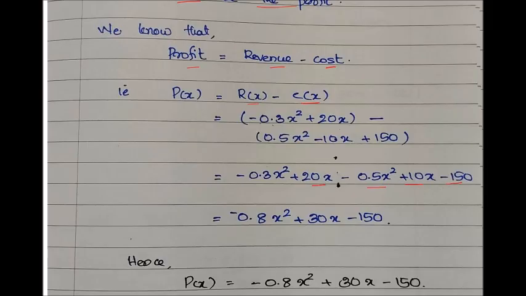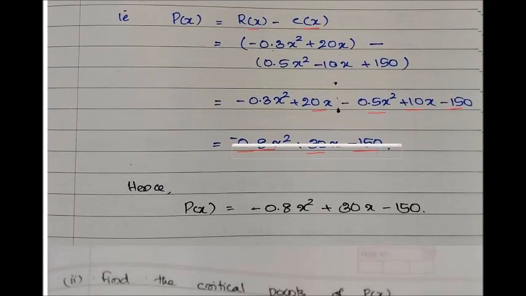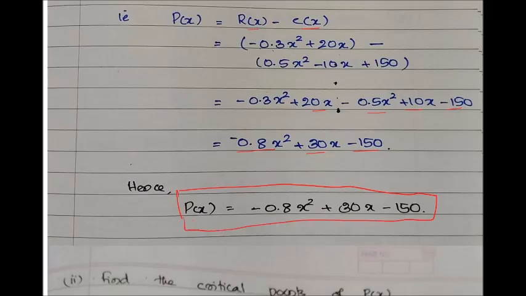Solving, we get -0.8x² + 30x - 150. Hence, the answer is P(x) = -0.8x² + 30x - 150.